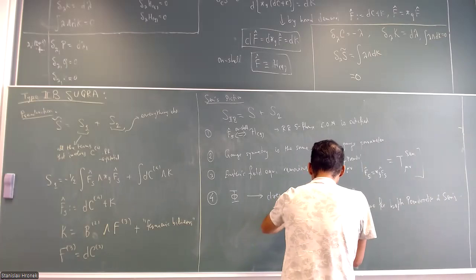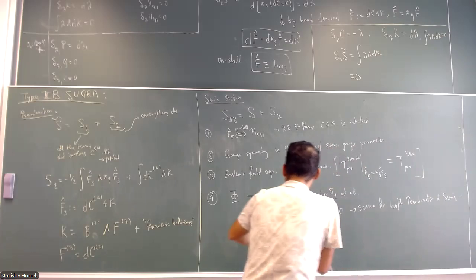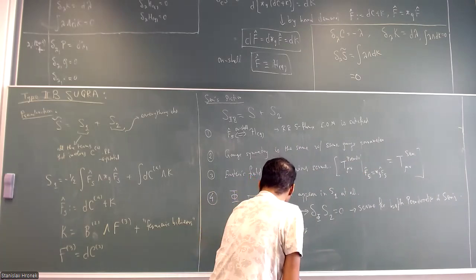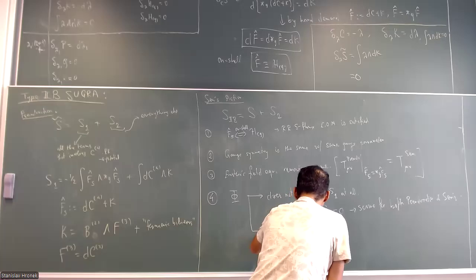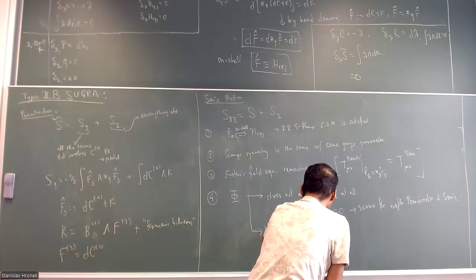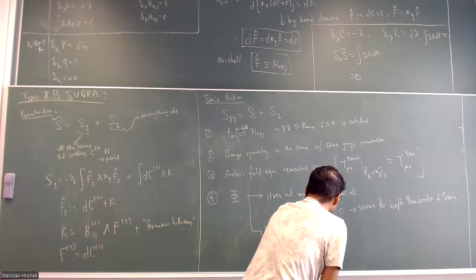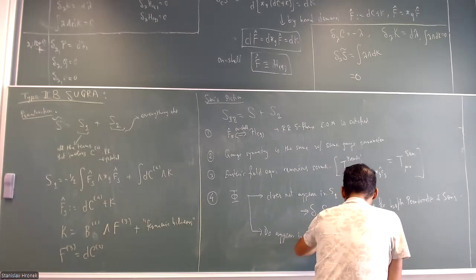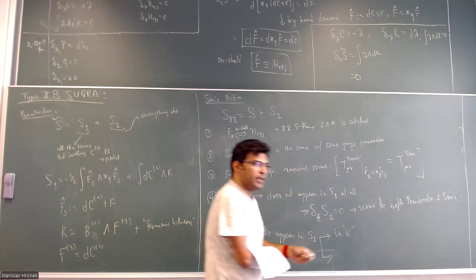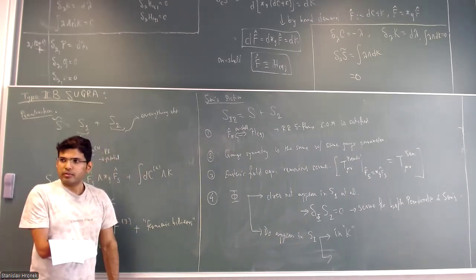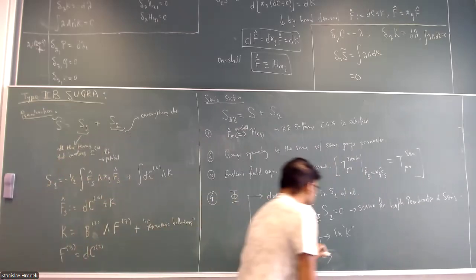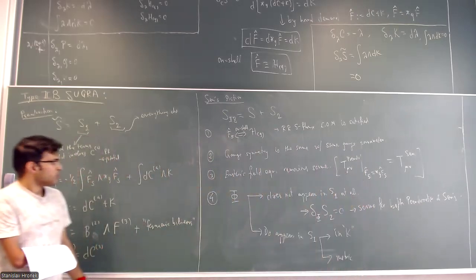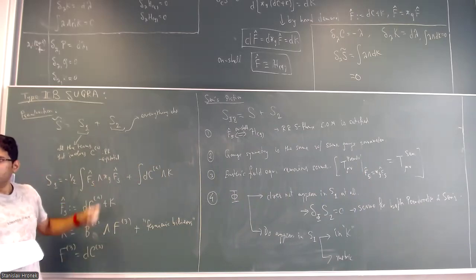There is another class. Now we have to worry about things which do appear in S1. And there are essentially two kinds. One which appears in K, so it's sitting inside the definition of K. And one is basically the metric, because there's a G sitting here.